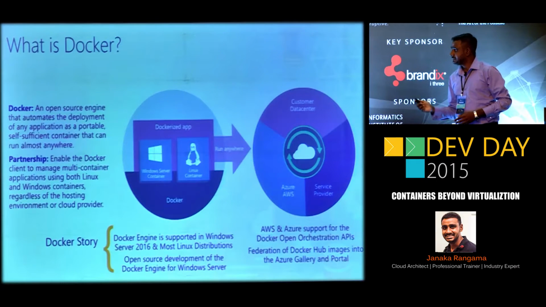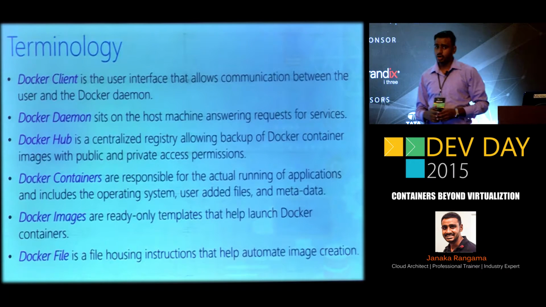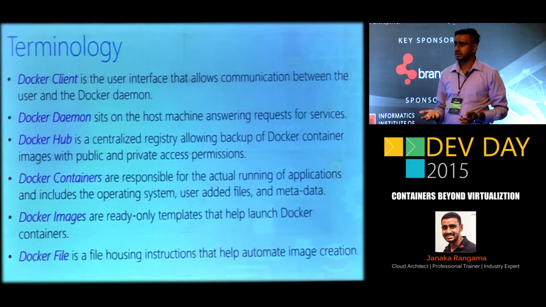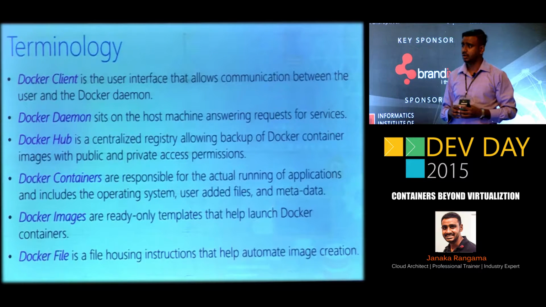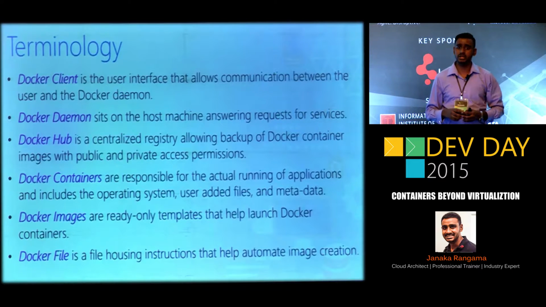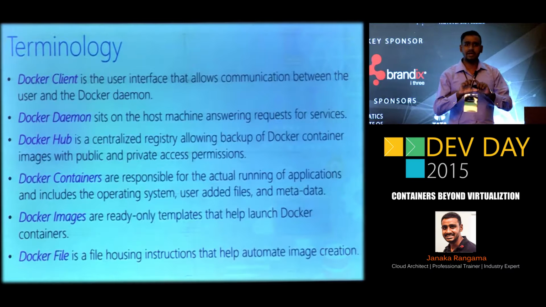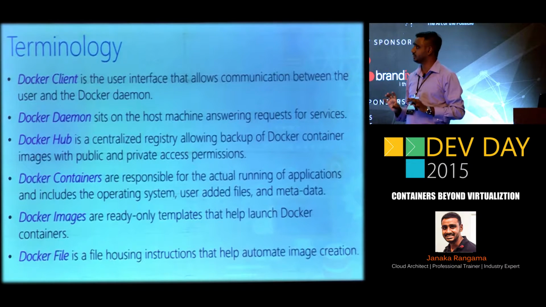Okay, and a couple of key terminologies. Docker client. The client is basically a command prompt, command line. You use this client to manage your containers, delete, create. But if you have any IDE or any development technology, you can use that as well. Docker daemon is the Docker service, the management engine service that controls everything that goes on inside the container host, right?